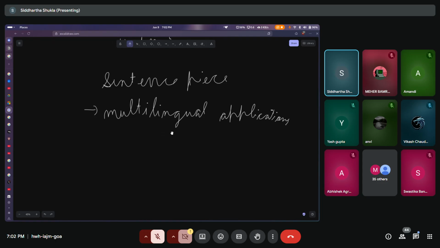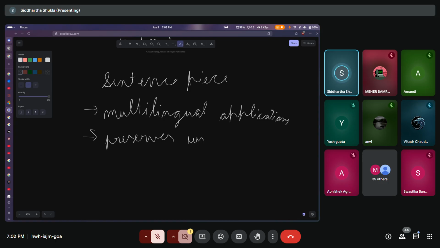Just random things you should know. And one more thing: unlike other tokenization techniques, SentencePiece preserves white spaces. Why does it preserve white spaces? Because outside of English, the positional encoding of a lot of words may change.